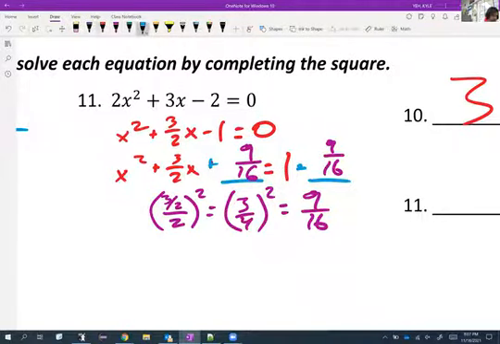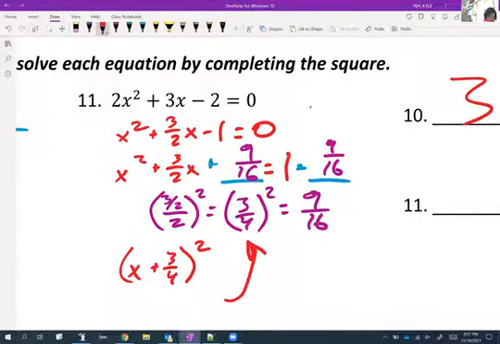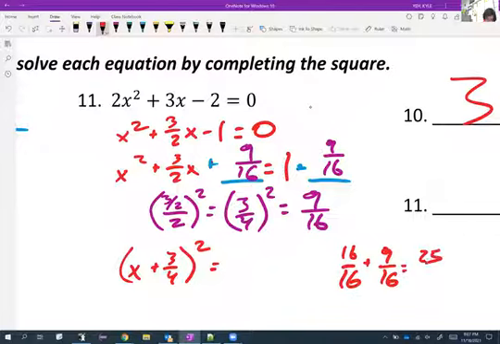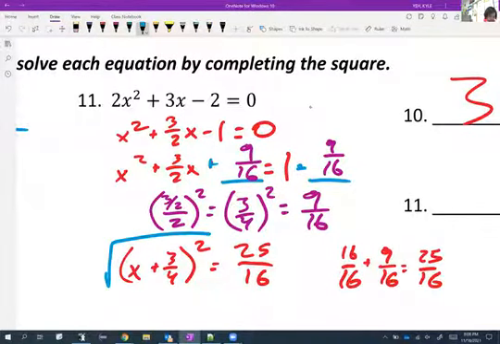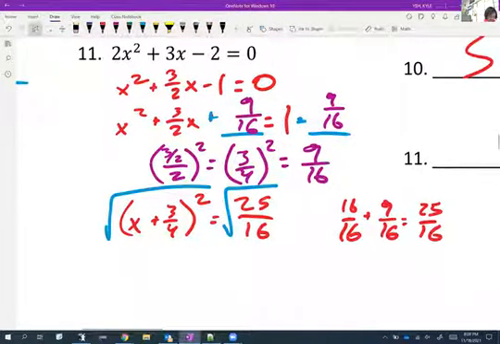So what is my perfect square on the left? If you recall, it will always be x, and then whatever we got when we did b over 2. We got positive 3/4, x plus 3/4 squared equals, and then what is 1 plus 9/16? Well, that's 16/16 to get a common denominator, so 25/16. And that actually is going to work out really well because both of those are perfect squares, which is convenient right now.